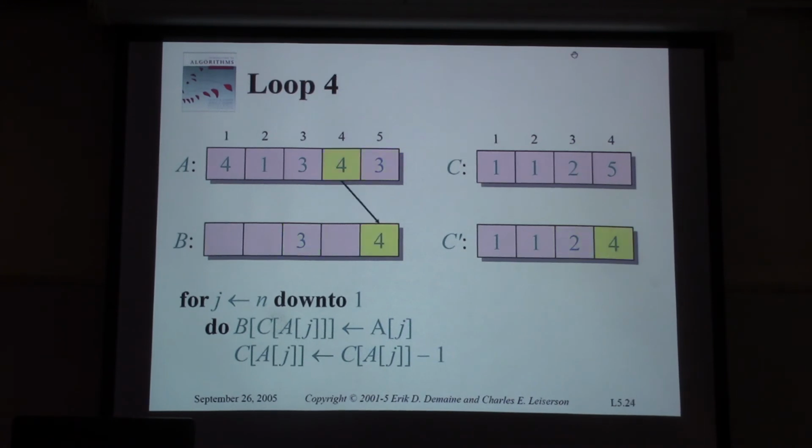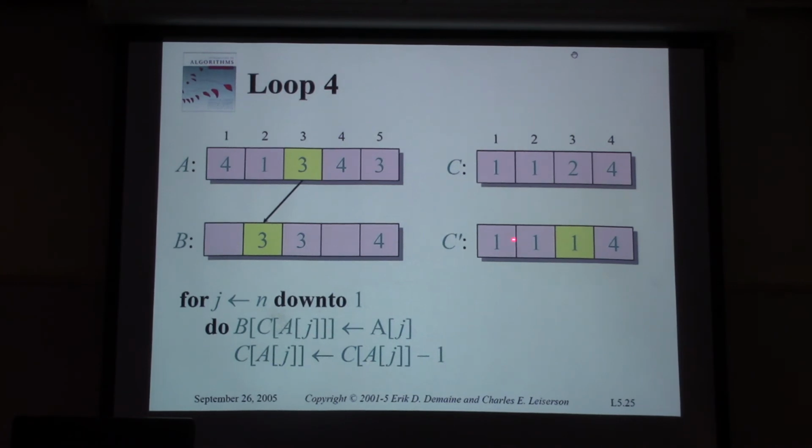And so this is going to go into here, and we reduce this down to 4. The next element is going to be 3. A3 is equal to 3. C3 is equal to 2. So it's going to go into position 2. And we decrease this one.